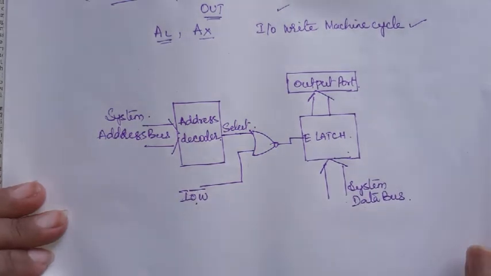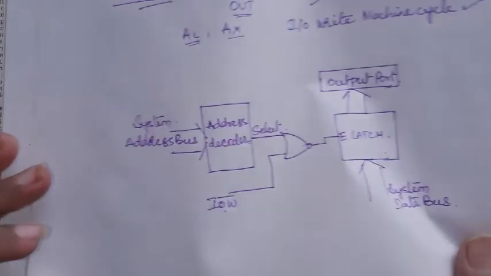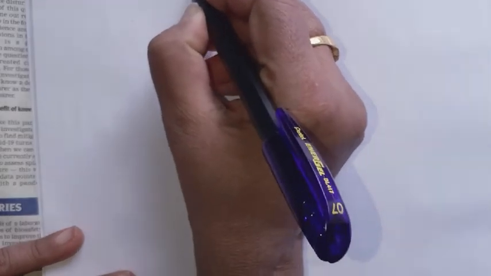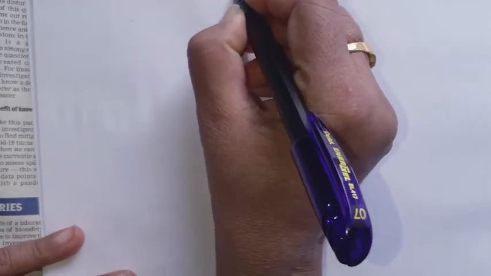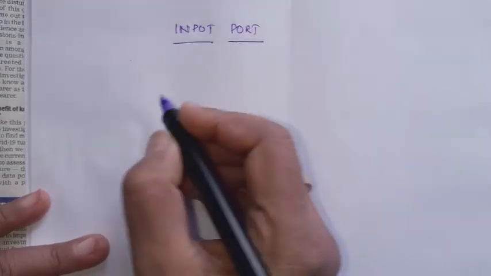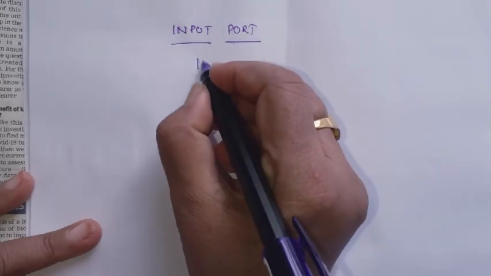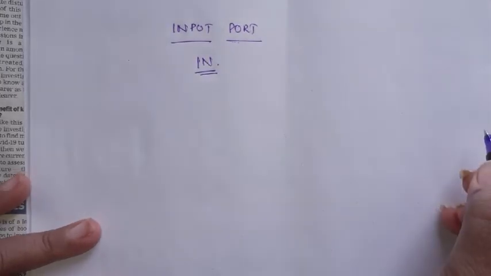In the same way, in case of input, now let's discuss input port, how the input port is accessed. Okay, so input port, to read data from the input device, the instruction used is IN.